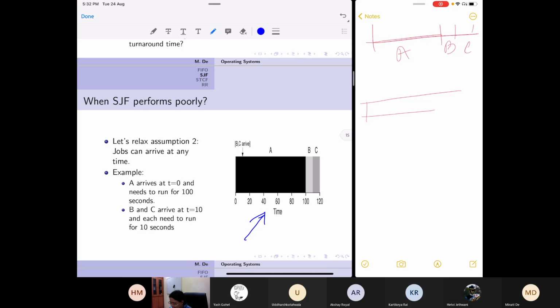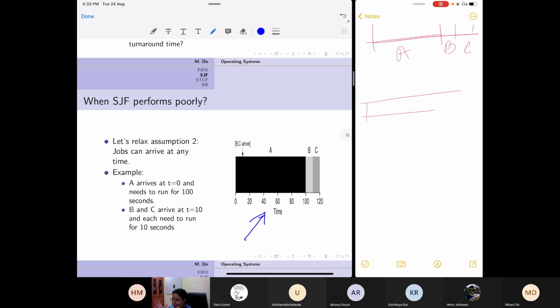That's the thing. If you want to come out of such a situation, you need to introduce interrupts, right? Your system should be a preemptive system. The scheduler should preempt. Means if you see that some job has come and its running time is very less compared to the job which is actually running, you see what the remaining time there is, right? So you introduce preemption for this purpose.